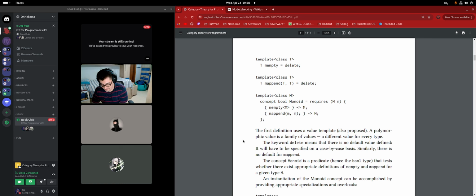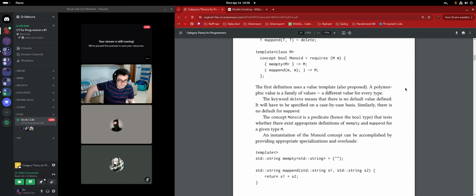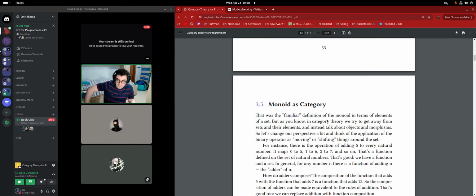Yeah, I agree that this doesn't look good. My GitHub would also hate it. Okay, so this is basically explaining how to read the C++ code.